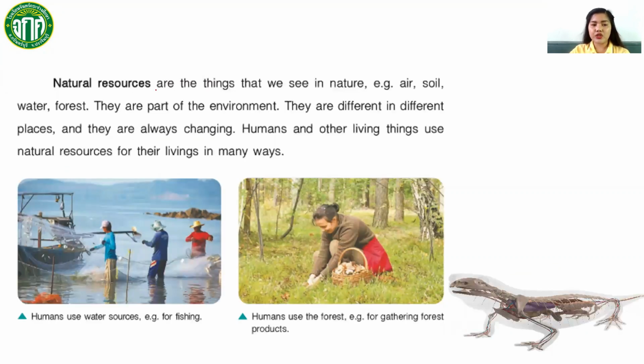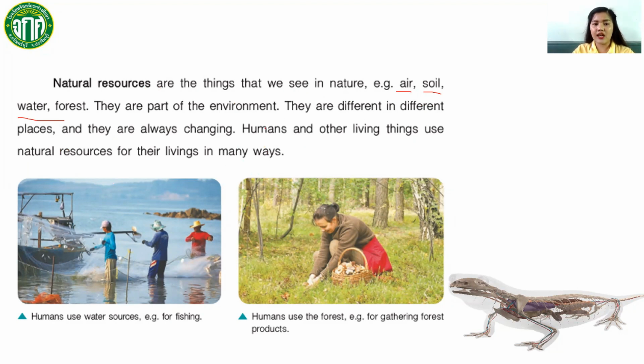Okay, so natural resources are the things that we see in nature. For example, air, soil, water, and forest. They are part of the environment. They are different in different places, and they are always changing. Humans and other living things use natural resources for living in many ways.